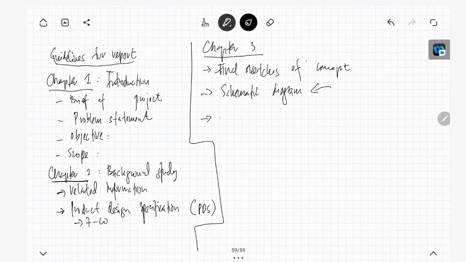Starting your calculation, you need to start with a free body diagram. For example, which parts, station one and two?